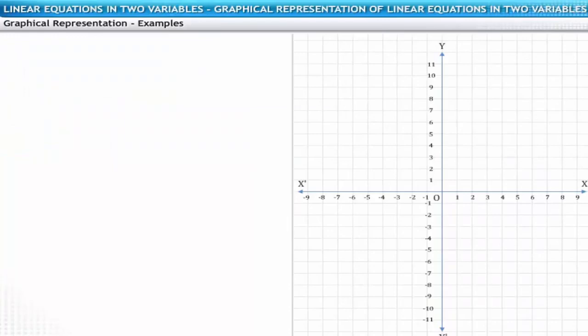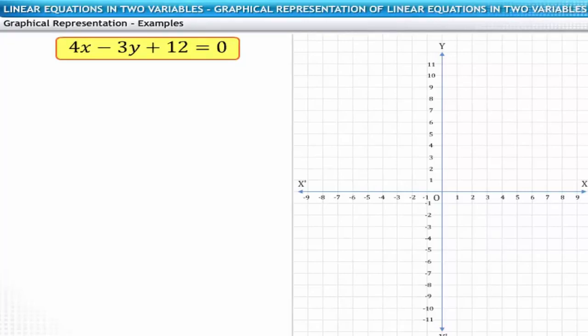Let's consider another equation, 4x minus 3y plus 12 equals 0. To plot the graph of this equation, we'll first find its solutions algebraically and then plot the points on the graph. Instead of randomly choosing values for x, we'll substitute 0 as the value of x in the equation and simplify.